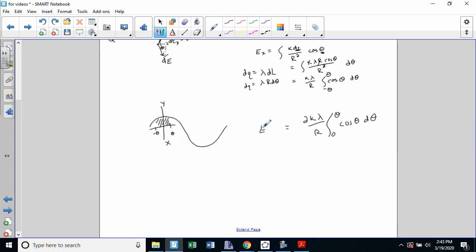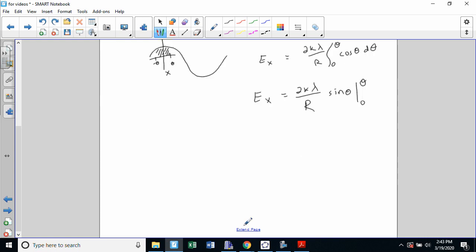Again, that's our electric field in the x direction. So Ex is 2k lambda over r times the integral of cosine. Well, the integral of cosine is just sine of theta, evaluated from 0 to theta. Sine of 0 is 0, so that term doesn't contribute. So then my electric field is just 2k lambda over r times the sine of theta.